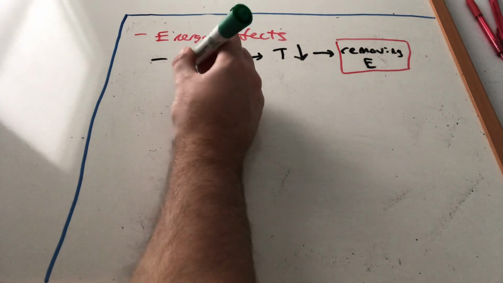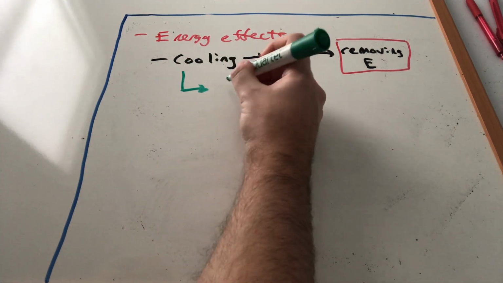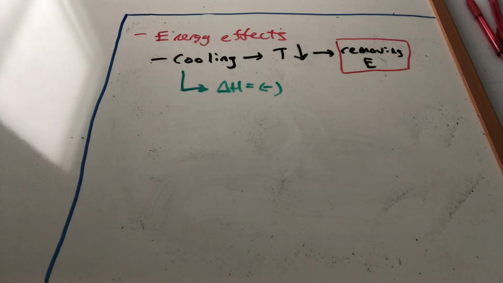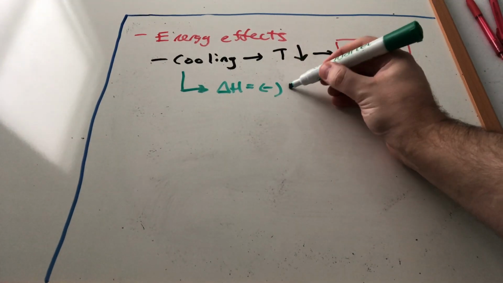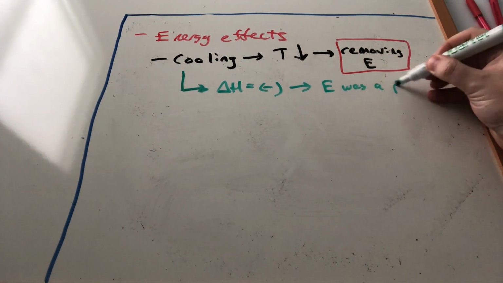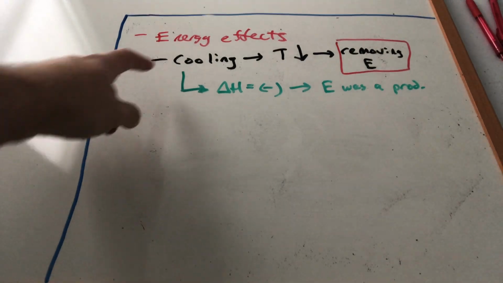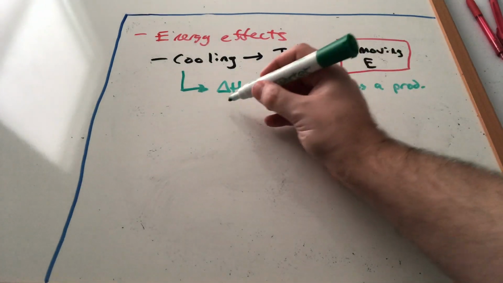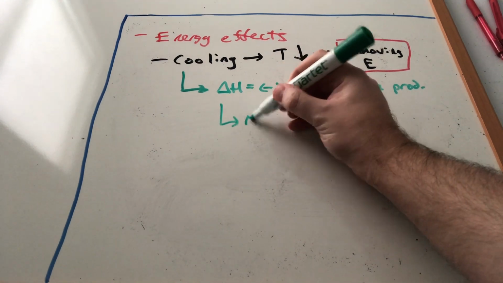on the reaction. So for our exothermic situations, remember what we said about this? We said that energy was a product. So if we're cooling something and energy is a product, it's like we're removing product.